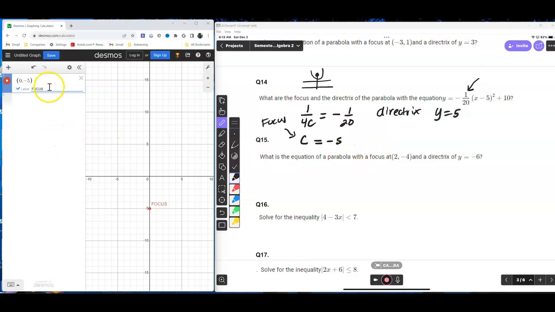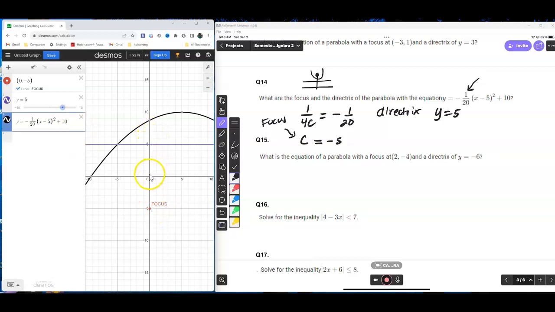But if you graph this equation, you notice that there has been a transformation. We have y equals -1 over 20 times (x minus 5) squared plus 10.